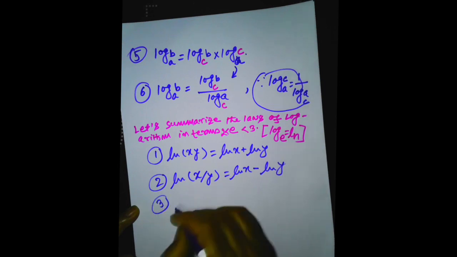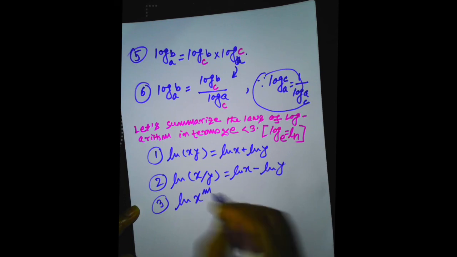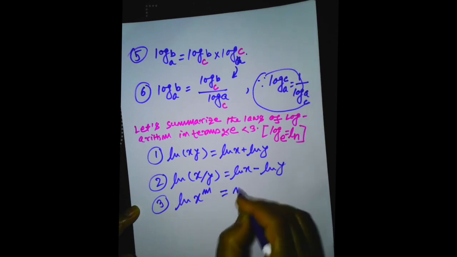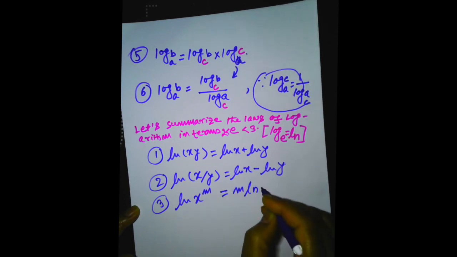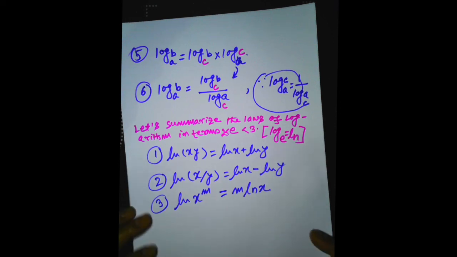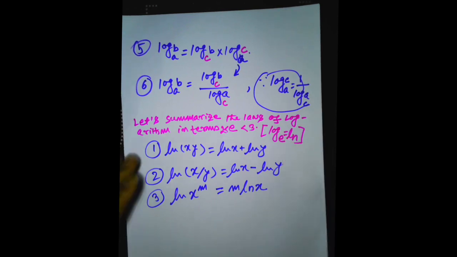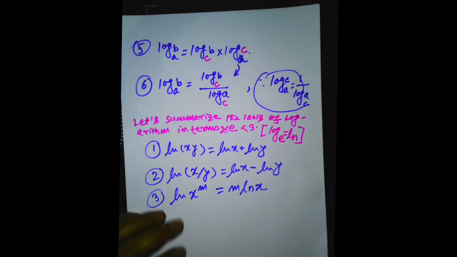Thirdly, ln of x to the power m can be written as m times ln of x. So in this way we can define the laws of logarithm in the natural logarithm form also. Other laws can also be summarized like this, where the base is e.